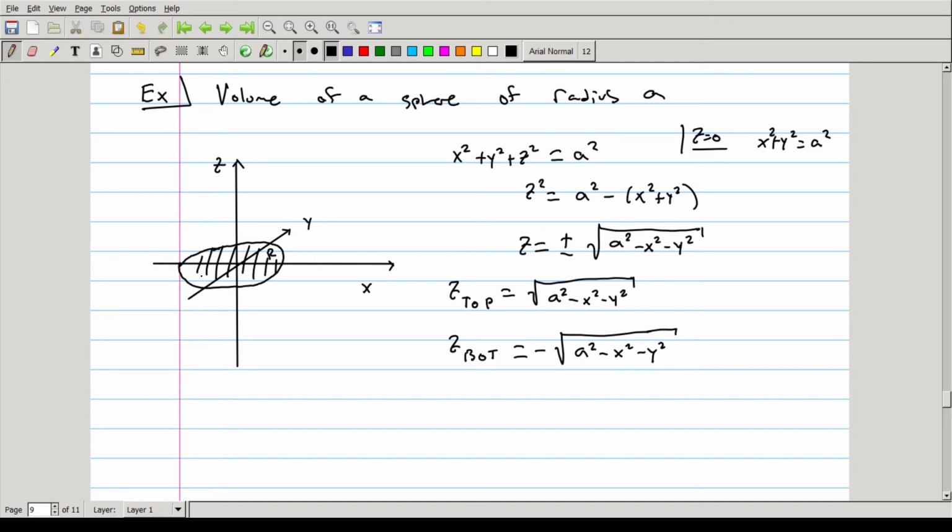In general, you want to think of what this looks like as you're looking down on the xy-plane. And z top is going to be the top of this sphere. Then z bottom will be the bottom of the sphere.